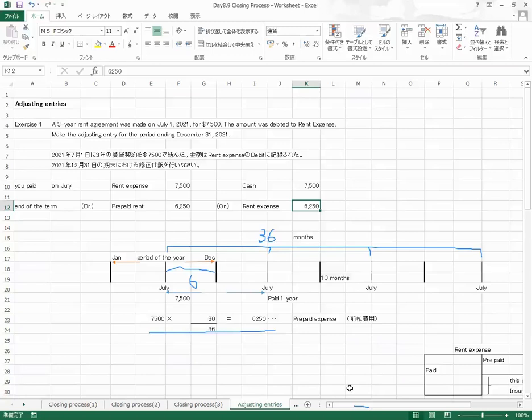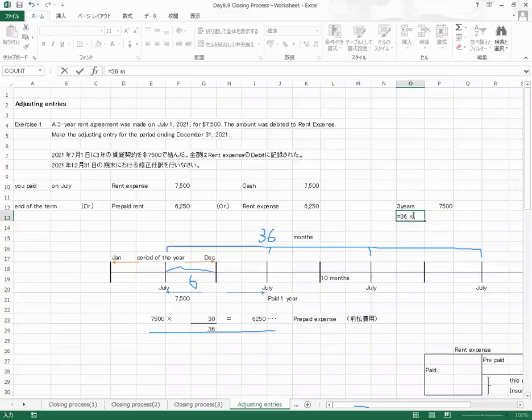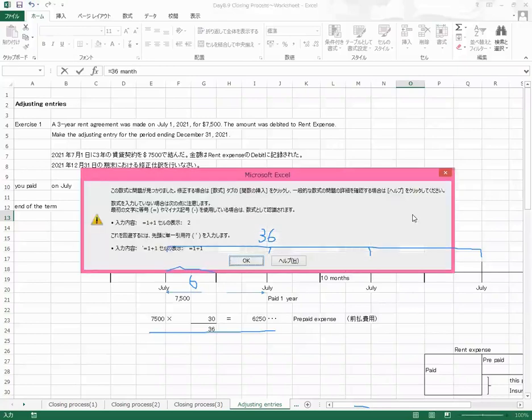So first do this dividing. 30 divided by 36, you get 0.8333333, maybe. 3 years equals 36 months. Then multiply by 7,000.